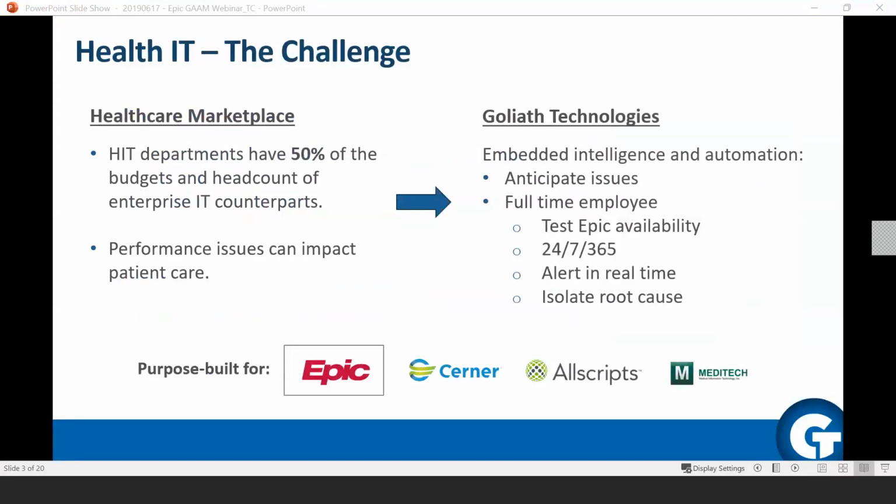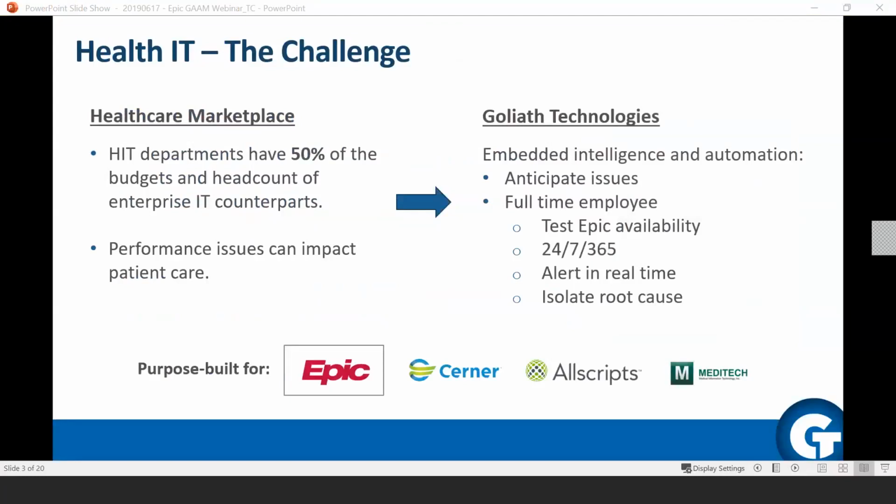And what that really means is that the criticality of performance issues is actually higher, and the financial ability and the human resources that are put behind trying to solve these issues is actually less for the same number of users. So that presents a heck of a problem, and we've all lived through that, those of us who have been in the healthcare marketplace for a while.